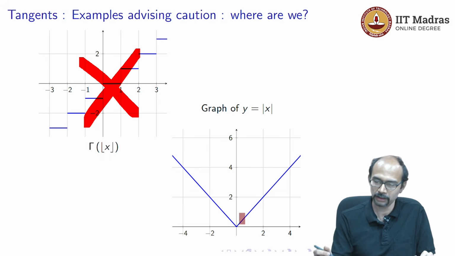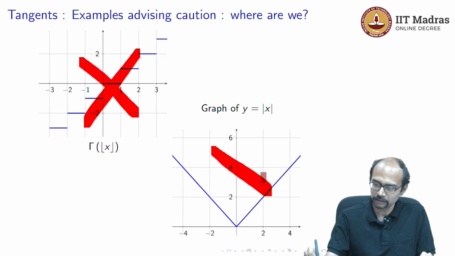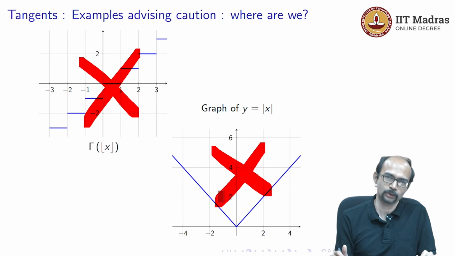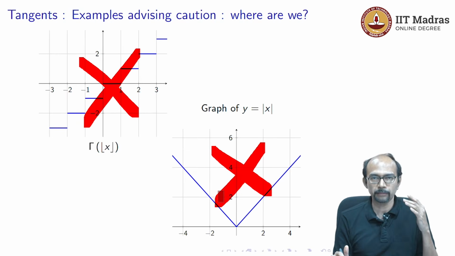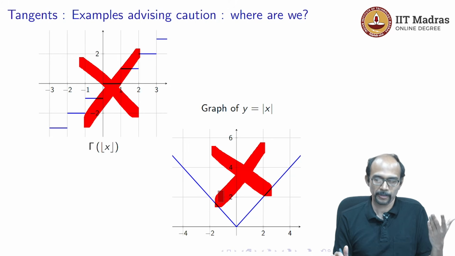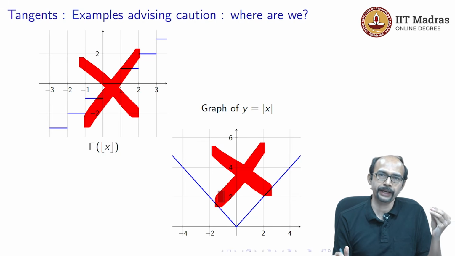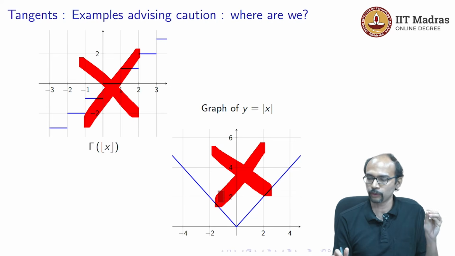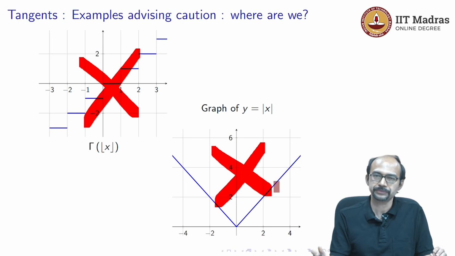So, we can get rid of this function also by making the following hypothesis. We will talk about tangents only at points of functions where those functions are differentiable. So, we will gladly talk about the tangent to this function when the point is not 0.